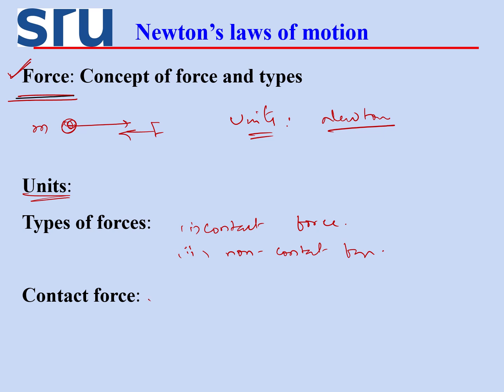So coming to the contact force, the contact forces act on the objects when they are in physical contact with each other. For example, these two objects, object A and object B, are in physical contact. So then only the contact force exists. Example, tension.